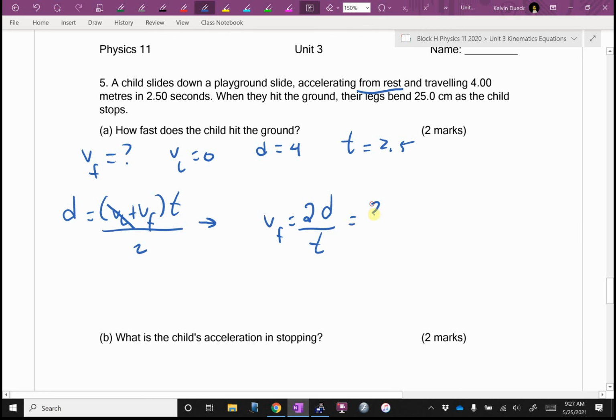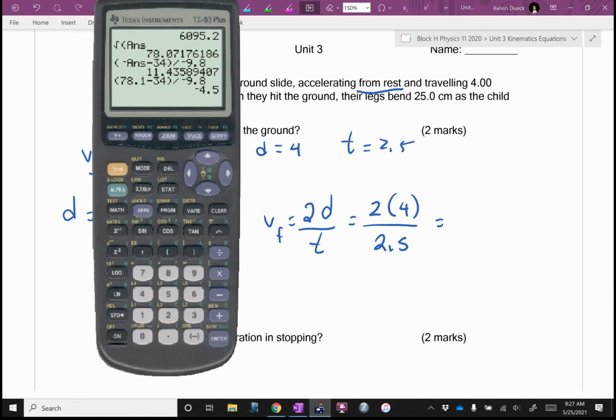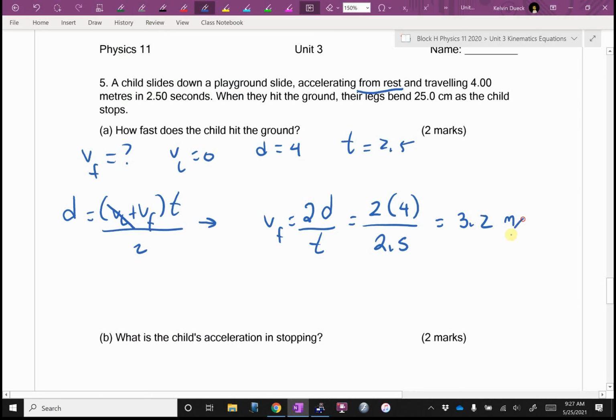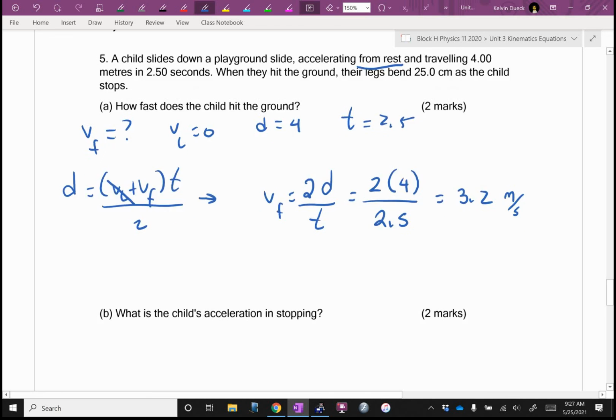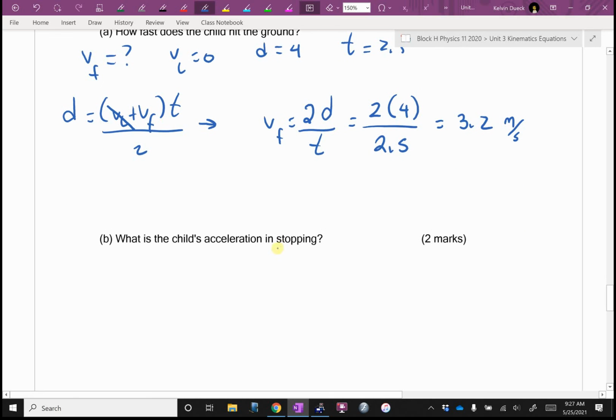It's going to be 2 times 4 divided by 2.5. And I got 3.2 meters per second. If you called that negative because you let the 4 be negative, I'm fine with that.